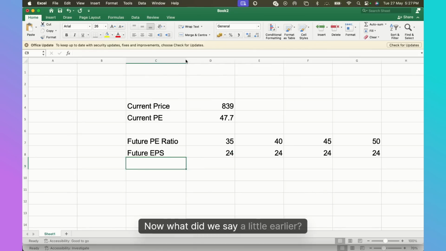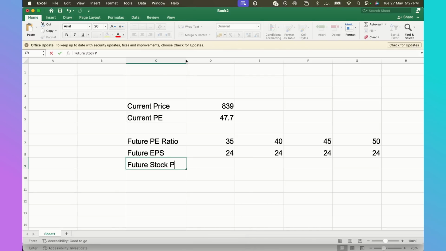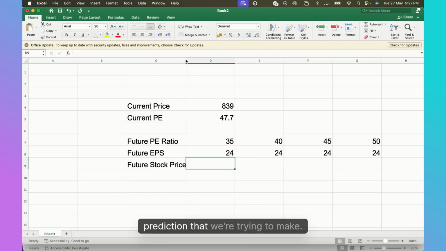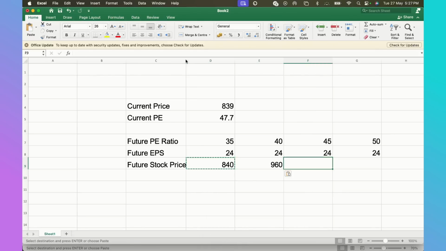Now, what did we say a little earlier? We said that the future stock price is nothing but the future EPS multiplied by the future PE ratio. So the future stock price, and again, guys, this is all just a prediction that we're trying to make. So 35 multiplied by 24. Yeah.